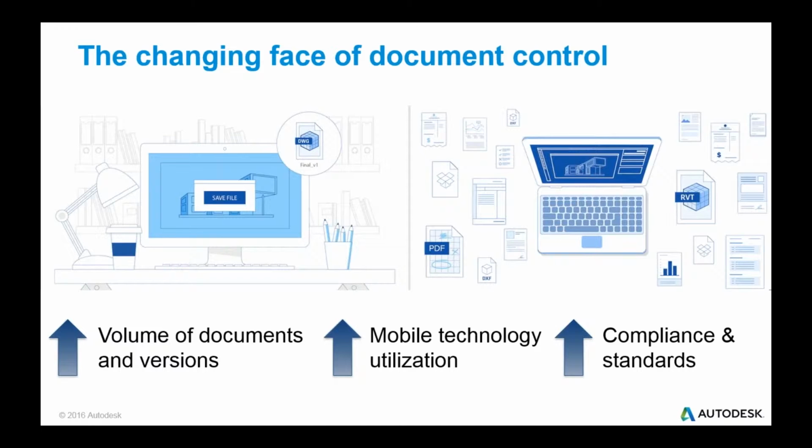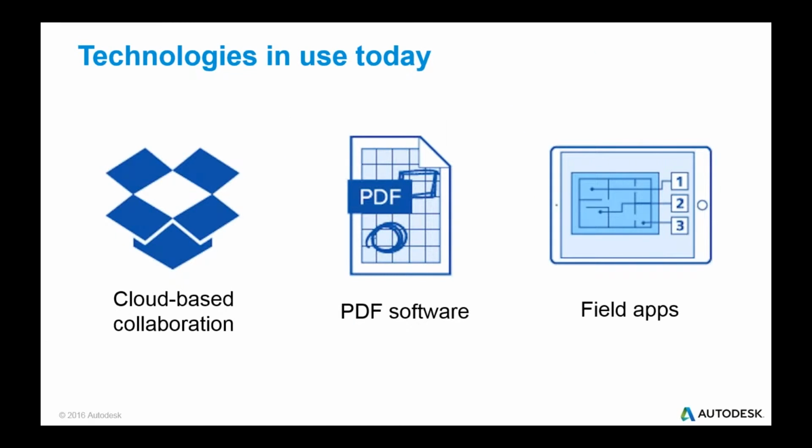How we manage that information and how we present it back to the site is equally important. We have all these different ways of sharing this data. We've used a lot of different cloud-based collaboration solutions, or a PDF application for editing or markups, or field applications that give us various tools to capture existing conditions or design issues.